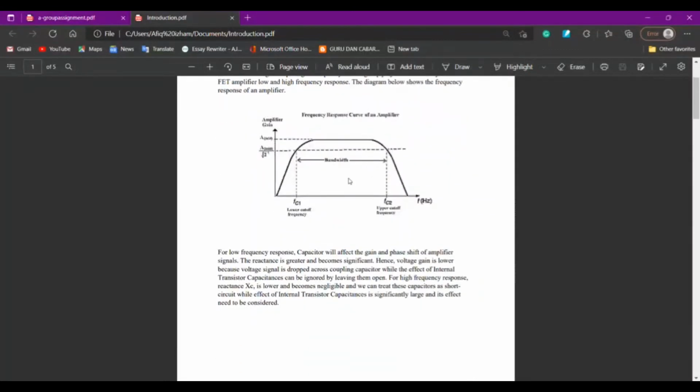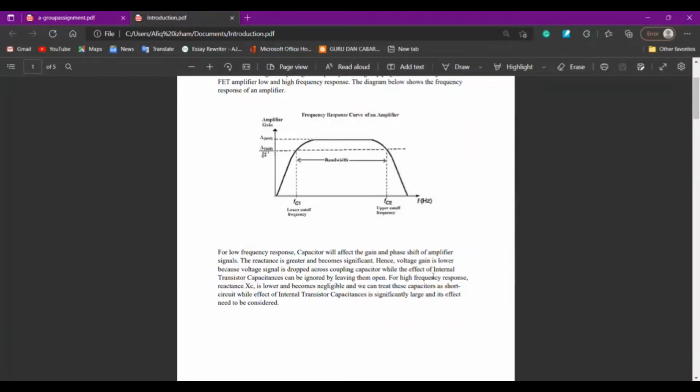So this is the diagram of the frequency response curve of an amplifier. For low frequency response, capacitor will affect the gain and phase shift of the amplifier signal. The reactance is greater and becomes significant.